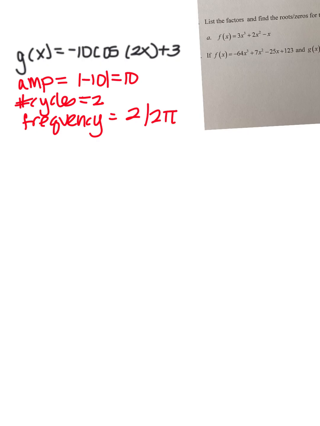So we have the number of cycles is 2, because it's B. Then we have the frequency is 2 cycles in 2 pi. And then we have the period, it's 2 pi over B, so it's 2 pi over 2, which is pi.